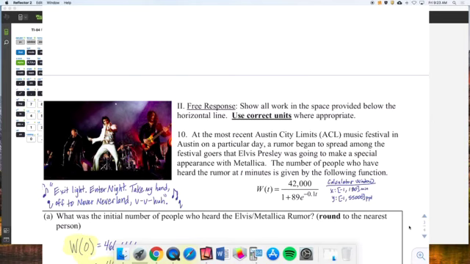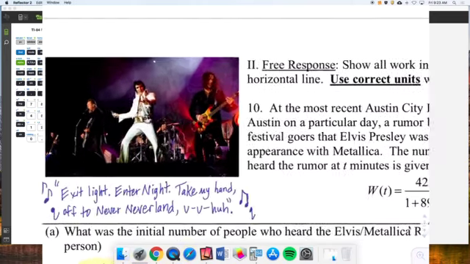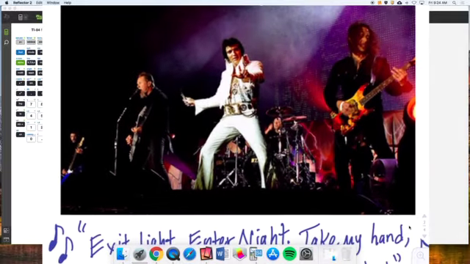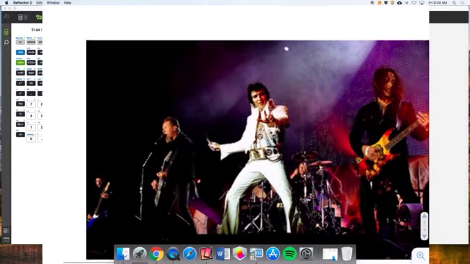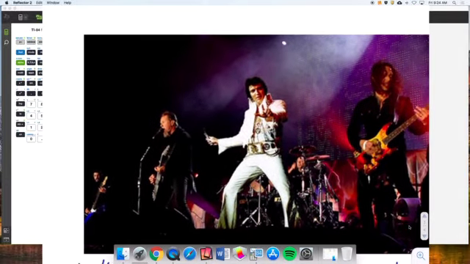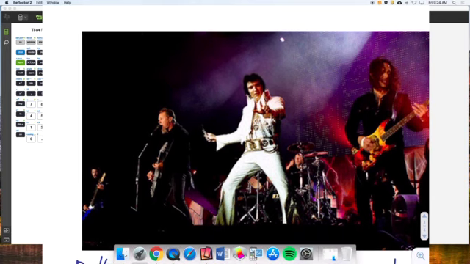And I kid you not, I had this idea first, and then I wrote the question. And then I was like, it would be great if I could accompany the problem with an image. So after I had written the question, and in my own head thought of Elvis performing with Metallica, I just said, let's try it.